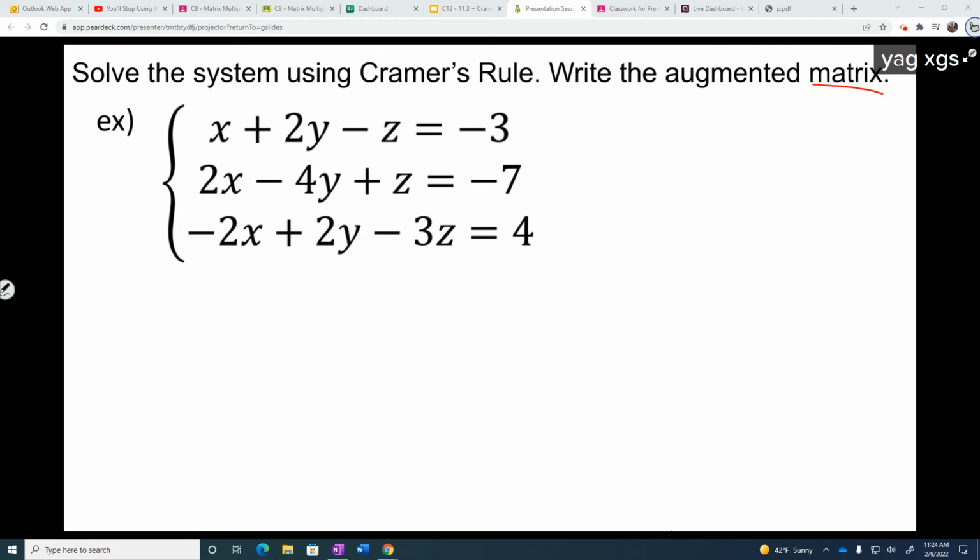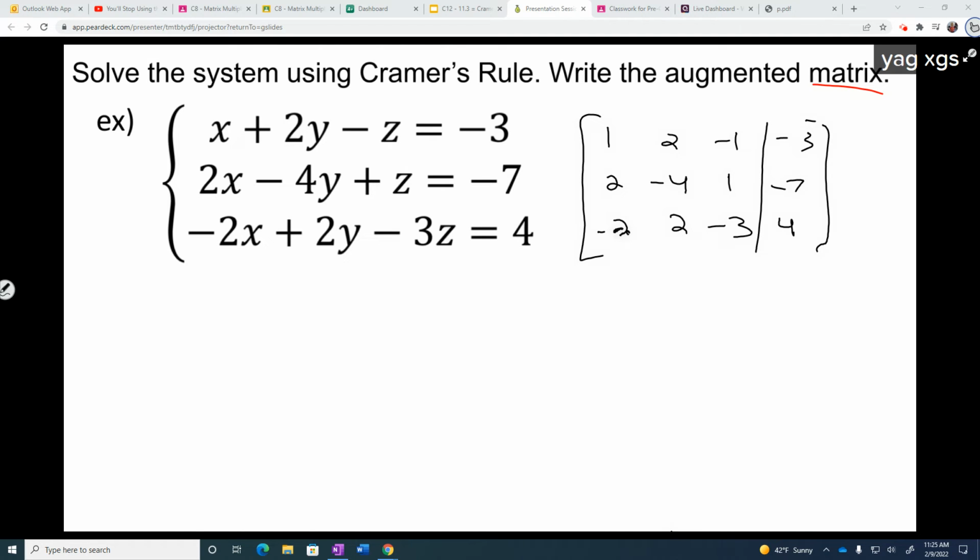So we'll do our augmented matrix here. Always check D first.